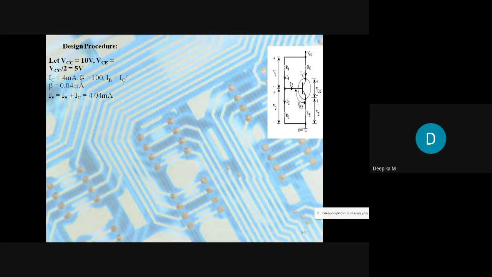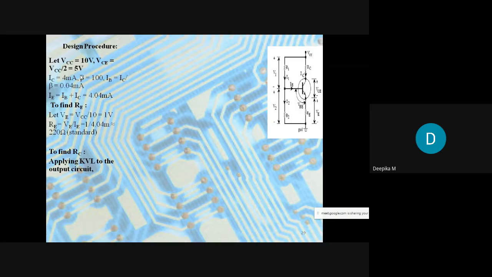We know that emitter current is the sum of base current and collector current, which is 4.04 milliamps. And to find RE, we select VE as VCC by 10, which is 1 volt. RE is VE by IE, so 1 by 4.04 gives you 220 ohm.